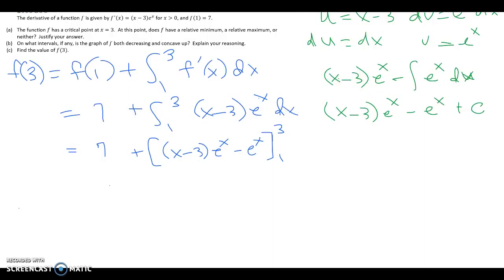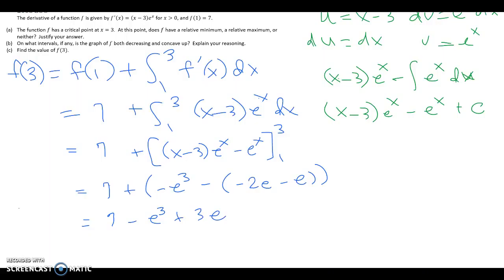So, plugging in 3 and 1 respectively, this is 7 plus 0 minus e to the third power minus negative 2e minus e. And so my solution is 7 minus e cubed plus 3e.